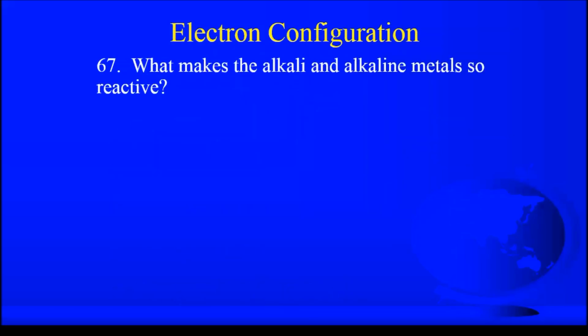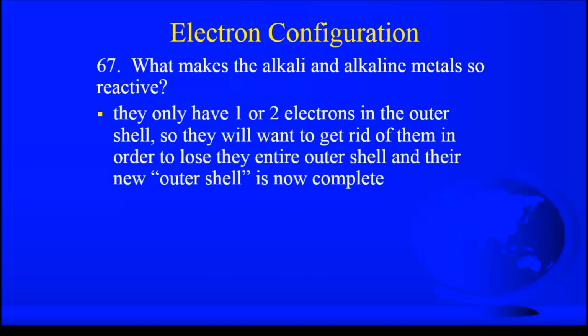Then let's finish this. What makes alkaline metals so reactive? What makes them so dangerous? They are how many electrons away from becoming a noble gas? 1 or 2. They are 1 or 2 electrons away from becoming like a noble gas. So, as you can imagine, they are desperate. They can smell it.